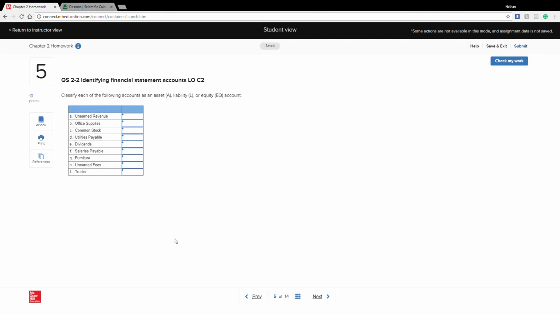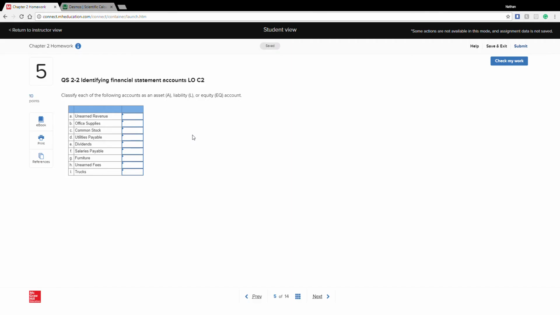Big thing here, we start with question number 5. Question number 5 just wants you to know what's an asset, what's a liability, what is equity. Assets are anything that we own, liability is anything we owe, and equity is dealing with the owner.